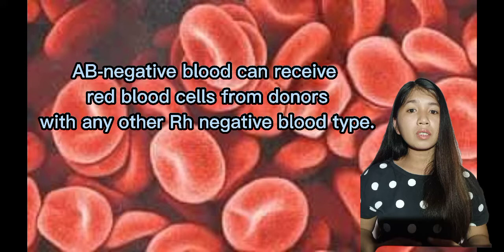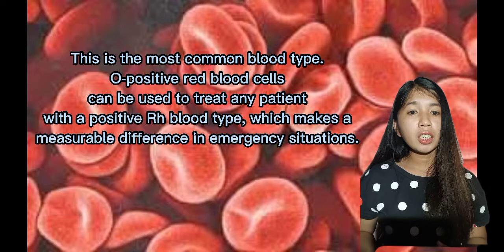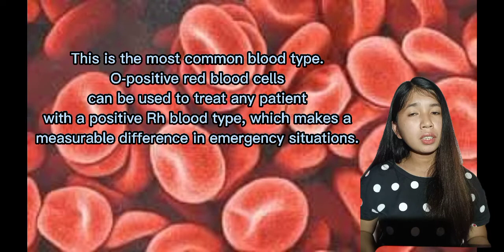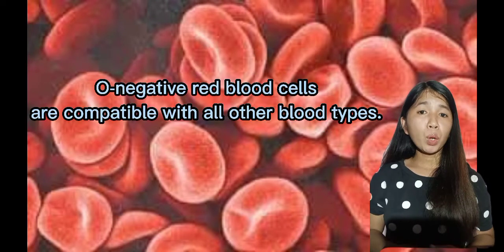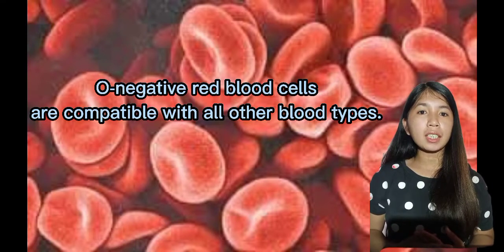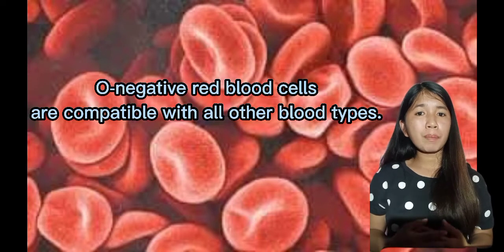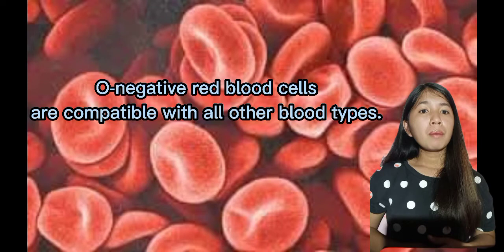O positive is the most common blood type. O positive red blood cells can be used to treat any patient with a positive Rh blood type, which makes a measurable difference in emergency situations. O negative red blood cells are compatible with all other blood types. This means that in critical emergencies, when there is no time to confirm a patient's blood type, O negative blood can make a life-saving difference.